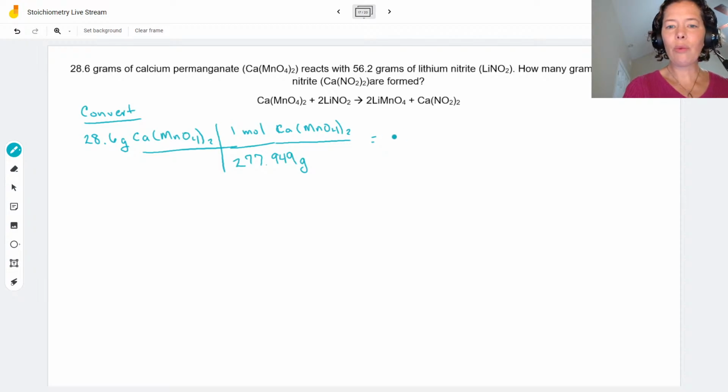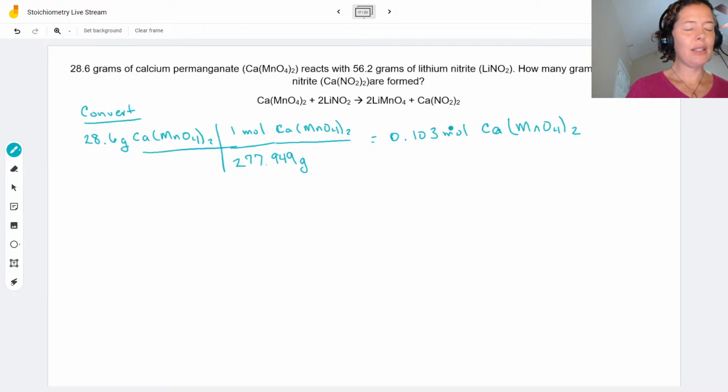Okay, and that will give me 0.103 moles of calcium permanganate. Okay, great. That's one down. Let's go to our next.